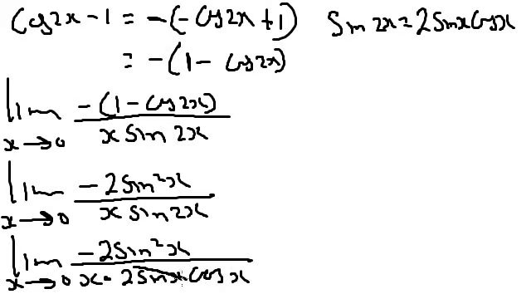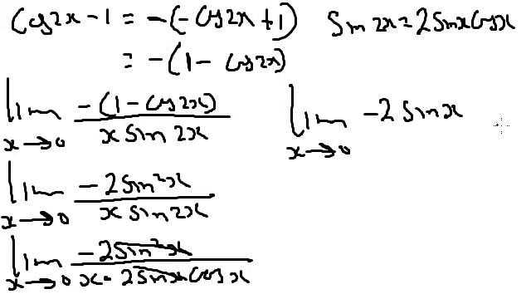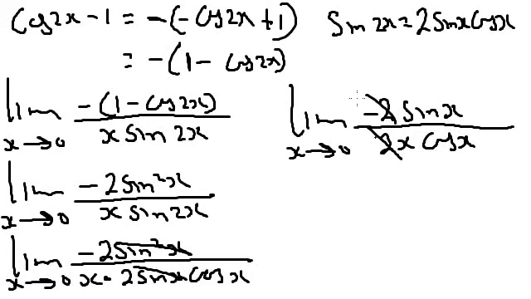Now sin x reduces sin squared x, so we have the limit of negative 2 sin x, with only one sin x left, divided by 2x cos x. This sin x part is gone. Perfect. Now the 2's cancel out.